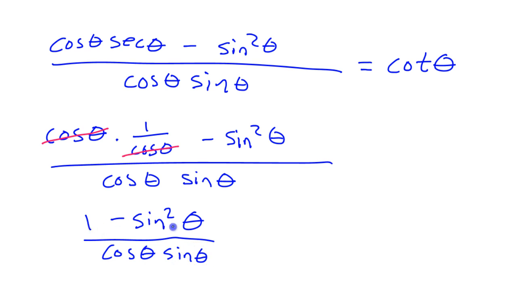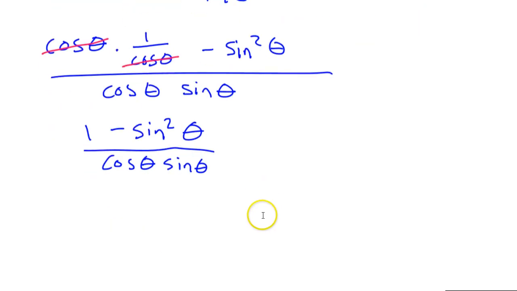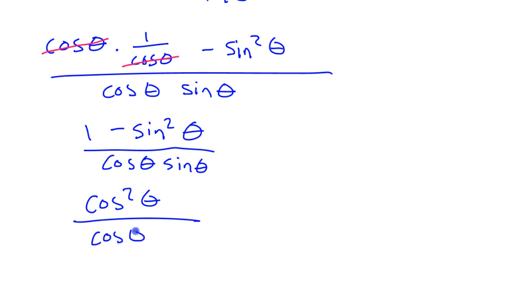Now this looks like something off the chart. 1 minus sine squared theta is equal to cosine squared theta. So now I have cosine squared theta over cosine theta sine theta. This cosine is going to cancel out one of these cosines.